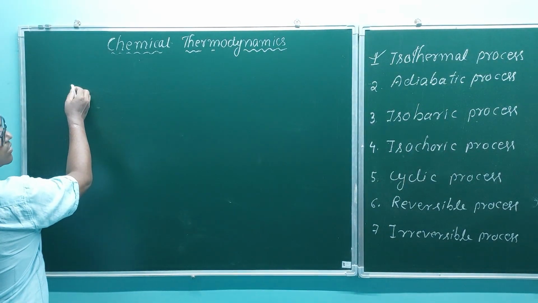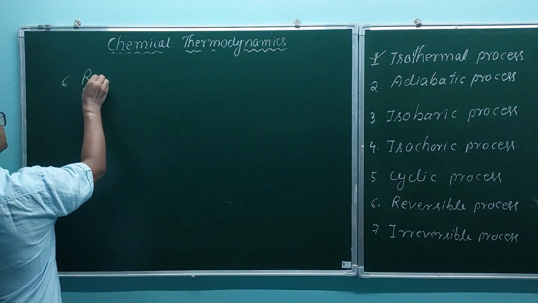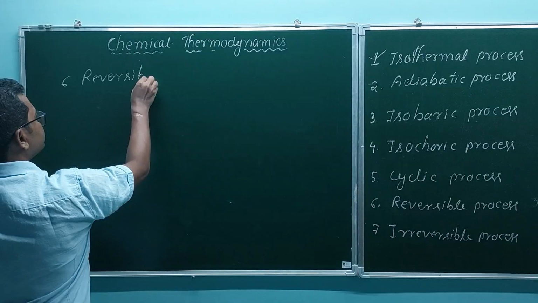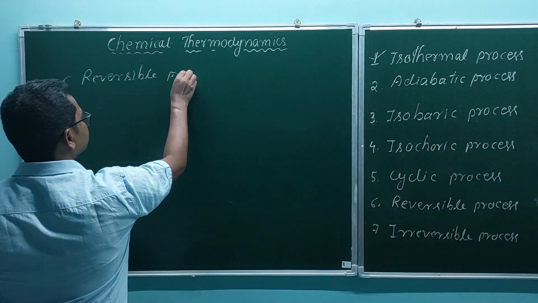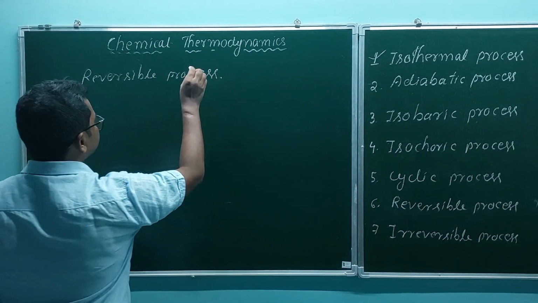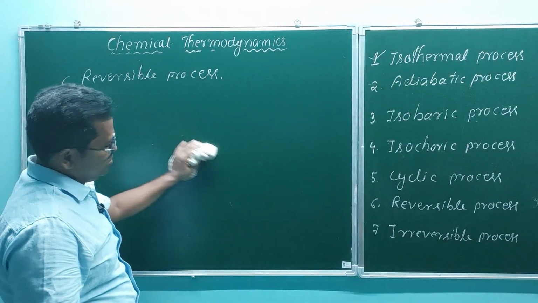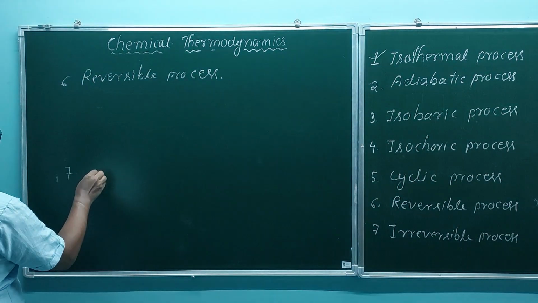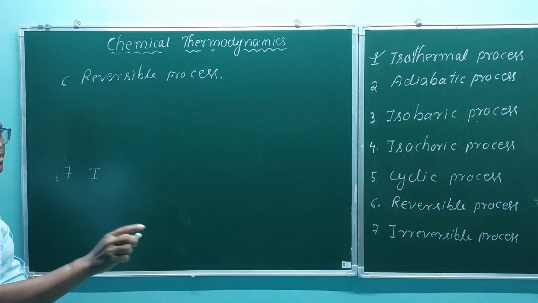Next is number 6, reversible process, and number 7, irreversible process. These two we shall understand together.